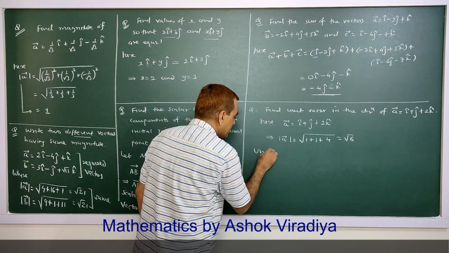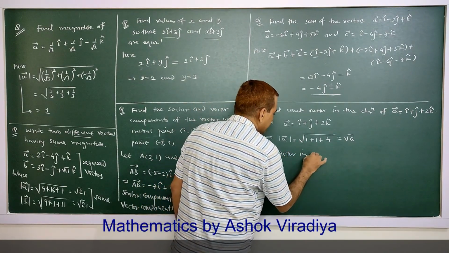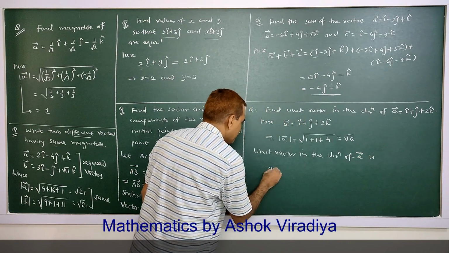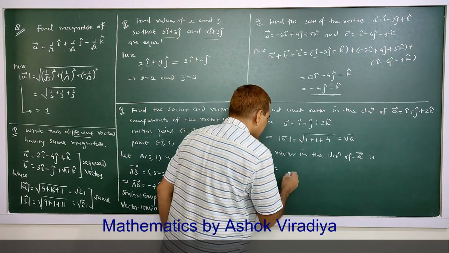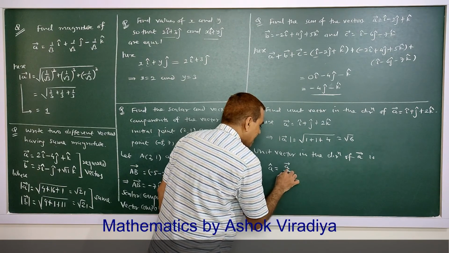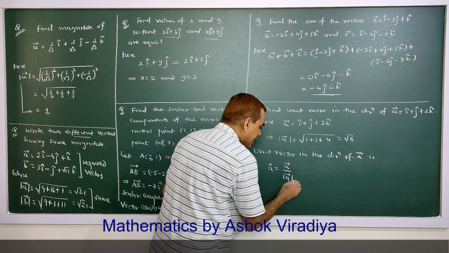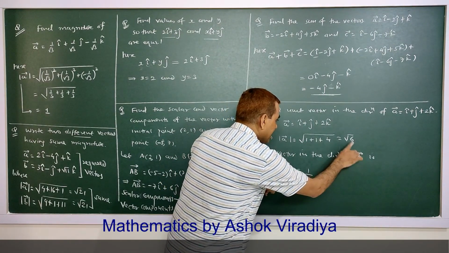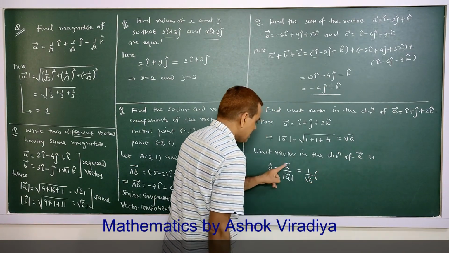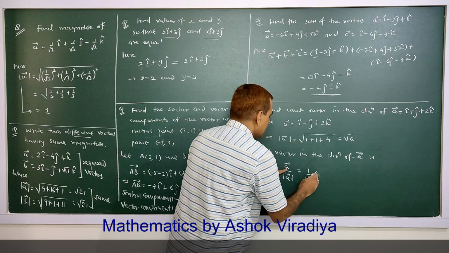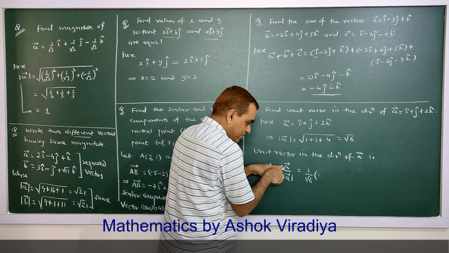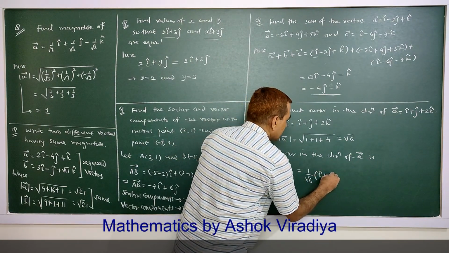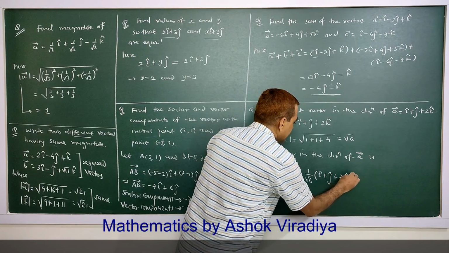Now the unit vector in the direction of vector A, the notation is A cap and the formula is to multiply that vector by 1 upon magnitude of A. That means 1 upon root 6 times A, where root 6 is the magnitude of A. Now vector A is i plus j plus 2k.